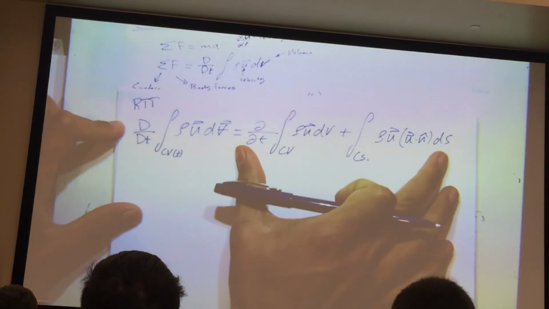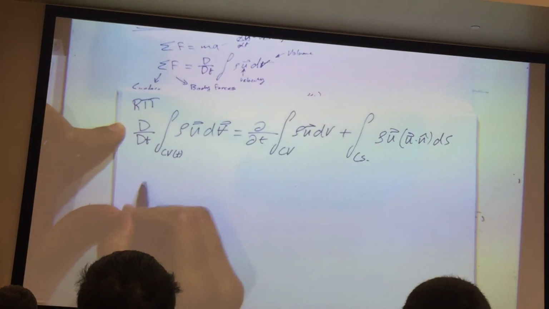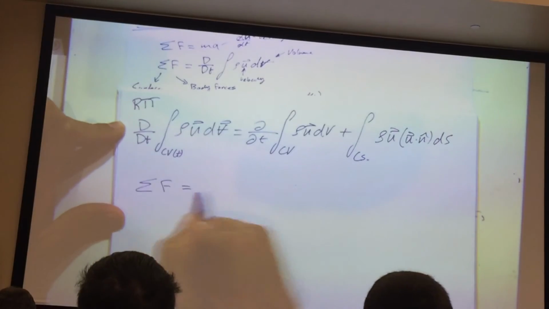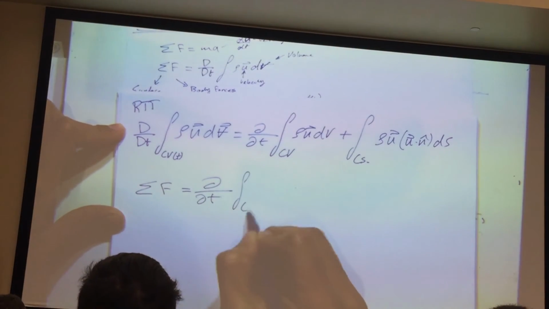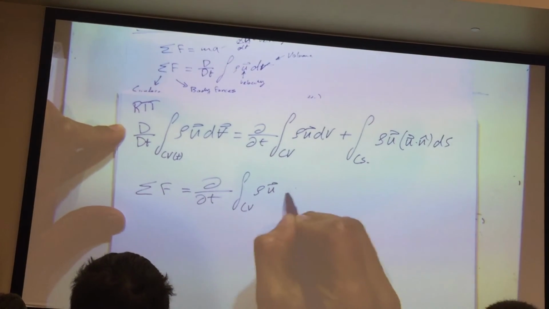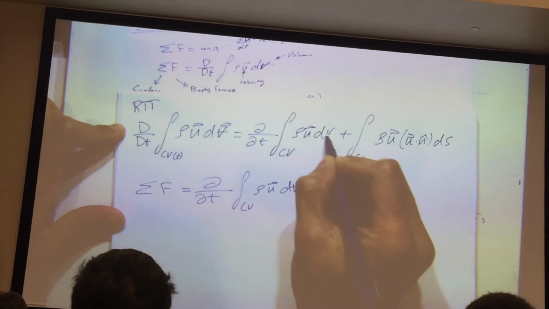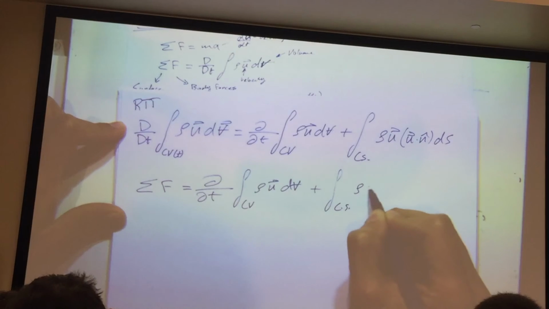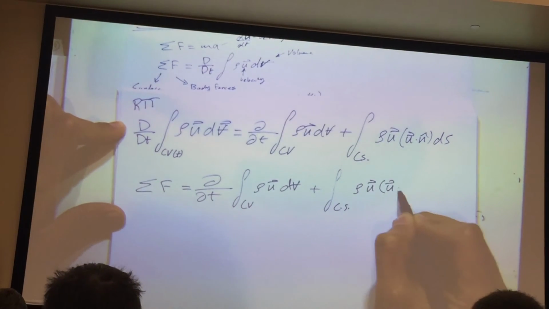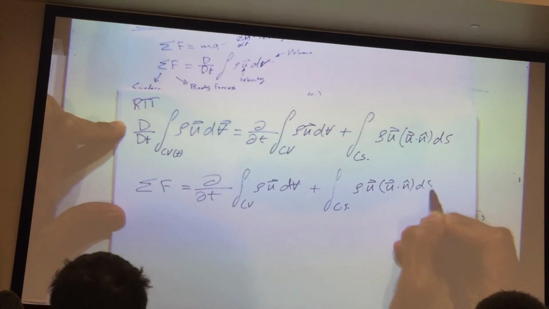So I have these two is equal to this. If I say sum of forces is equal to the unsteady volume term plus the control surface term, rho u dot n ds.